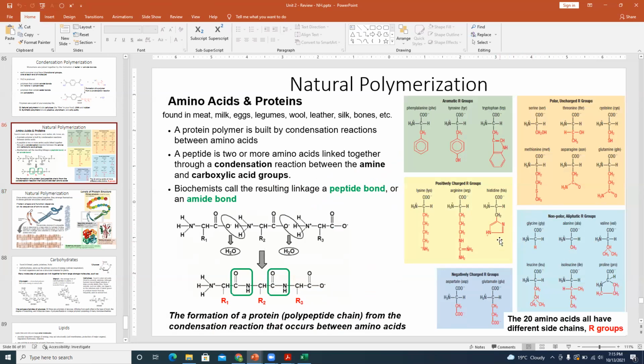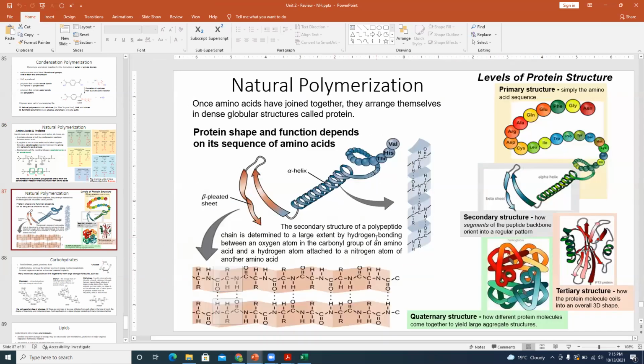Hemoglobin is a very important protein in the transport of oxygen in the blood. So proteins are a natural polymer that is very important, made out of the polymerization of these amino acids that lead to longer protein chains that form bigger three-dimensional structures.